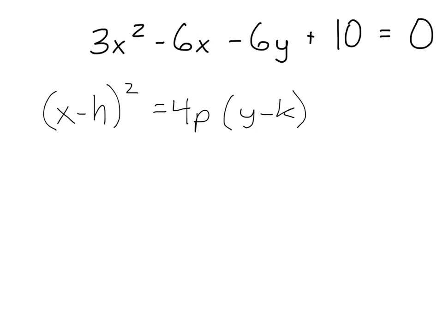So to start off, we're going to put that 10 and the 6y on the other side. So we're going to have 3x squared minus 6x equals positive 6y and negative 10.